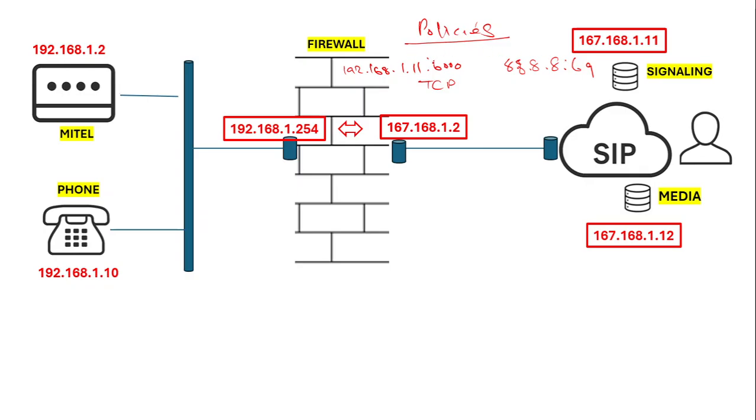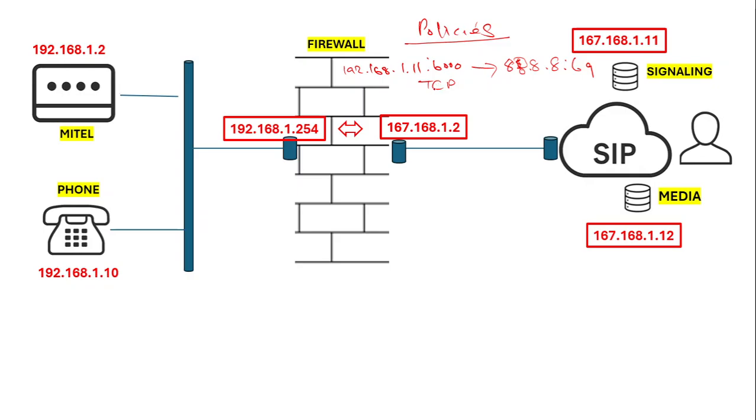So we are going to check, is there a policy which does not allow this IP address to go out into the internet to this IP address? We can say no, there's no such policy.